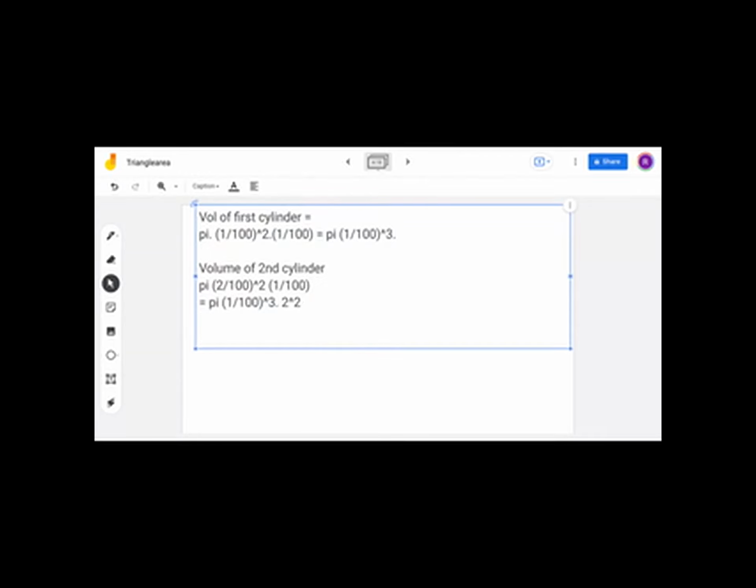Pi into 3 by 100 whole squared into 1 by 100. Third cylinder equals, it is exactly the same as before, but I just copy this thing.